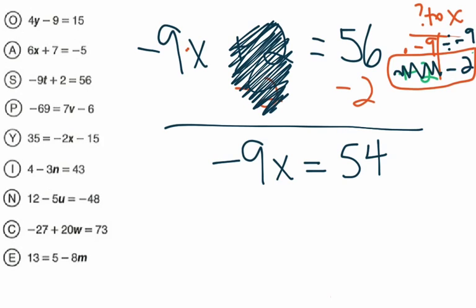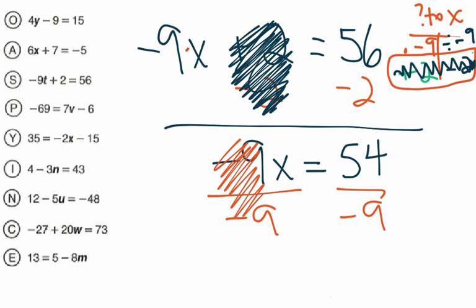And I'm going to scratch that out because I've already taken care of that. Notice now the only thing left to take care of is the -9. And we said we were going to divide by -9, and that's what we're going to do. So we're going to divide each side by -9. And these -9's go away.